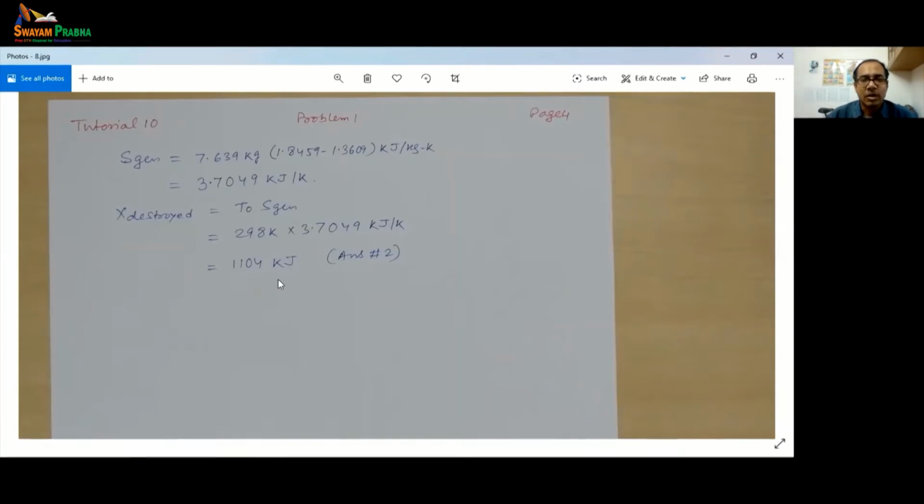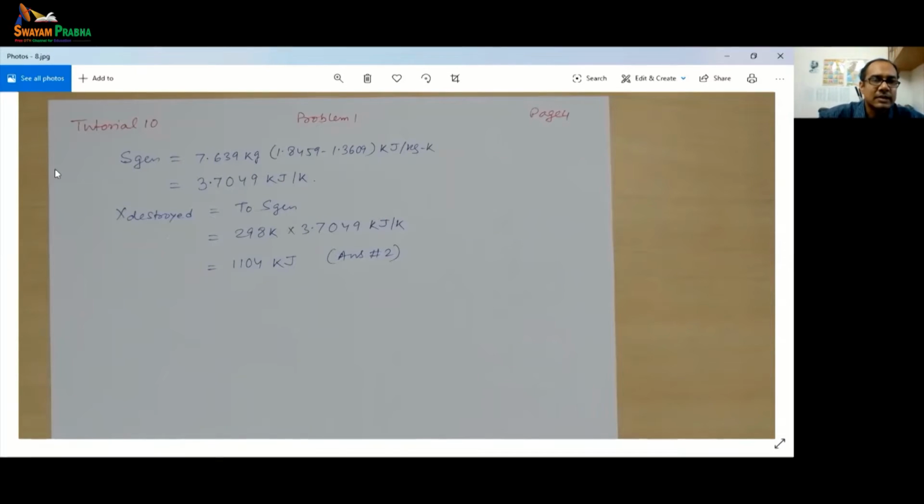You cannot convert all the heat into work, so whatever heat is convertible, that means the Carnot heat engine value, out of that, how much you can convert. Exergy just gives you the amount of work potential for any heat. Here, exergy destroyed means this much work potential is simply lost.